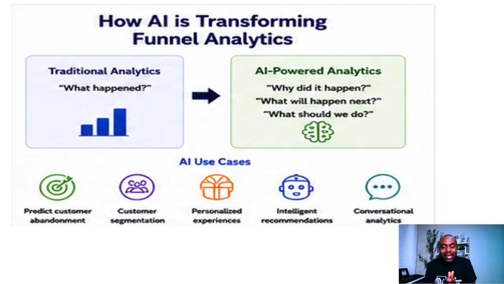In fact, the goal of any analytics, diagnostic analysis or prediction is to bring intervention, which is to prevent the bad things from happening and incentivize the good things to happen. And that's exactly what AI is helping funnel analytics do these days. It's taking funnel analytics from descriptive analytics to more predictive and prescriptive analytics.